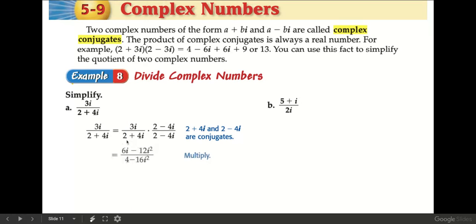And when I multiply that, 3i times 2 is 6i. 3i times negative 4i is negative 12i squared. And then when I multiply the two complex conjugates together down here, that's just going to give me 4, and the two middle terms would zero out, minus 16i squared. Remember that i squared is just negative 1, because the square root of negative 1 is i, right?